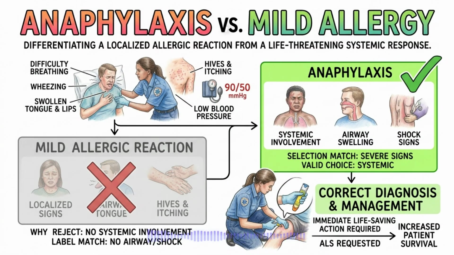Anaphylaxis, however, is a severe, systemic reaction that affects multiple body systems at once, causing airway swelling, severe wheezing, and a dangerous drop in blood pressure. To pass the exam, you must recognize that respiratory compromise or the signs of shock are the defining factors that upgrade a simple allergy to full-blown anaphylaxis.